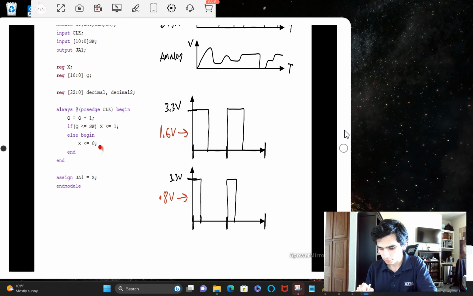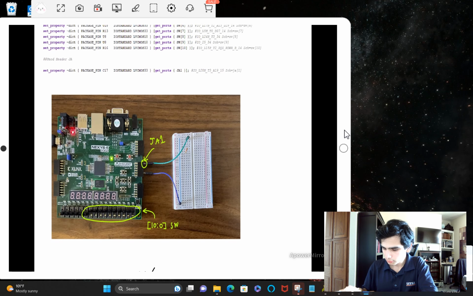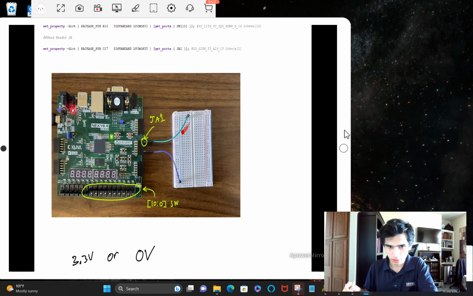Whenever Q is greater, it's going to be 0, meaning this is always 0, meaning the voltage across this is 0.